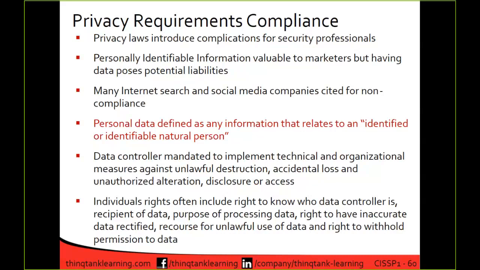And we'll get into this in a little bit more detail later on. Every one of those individuals has a responsibility to ensure that that data isn't destroyed, isn't lost, isn't altered in some way, isn't disclosed, or isn't accessed by unauthorized individuals.